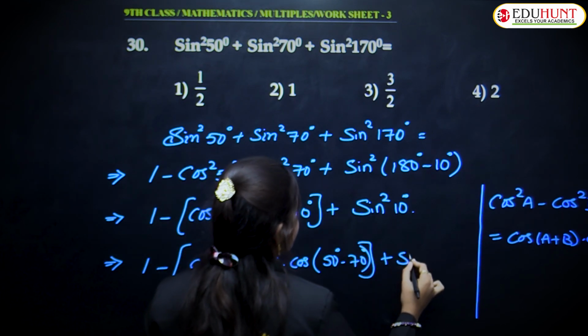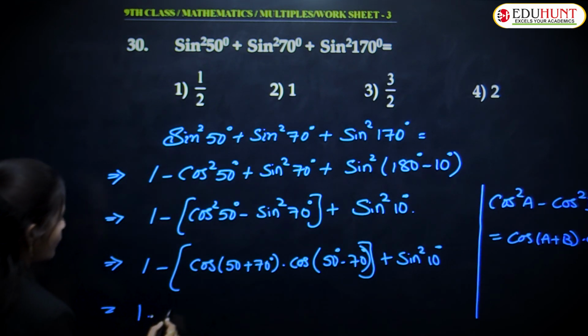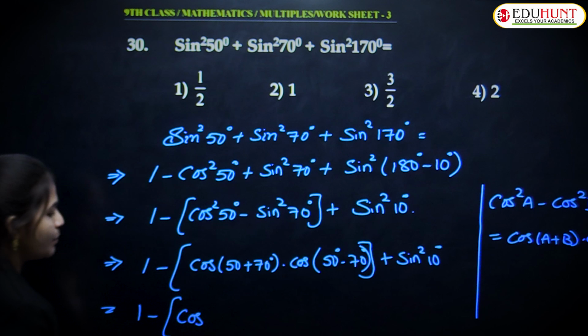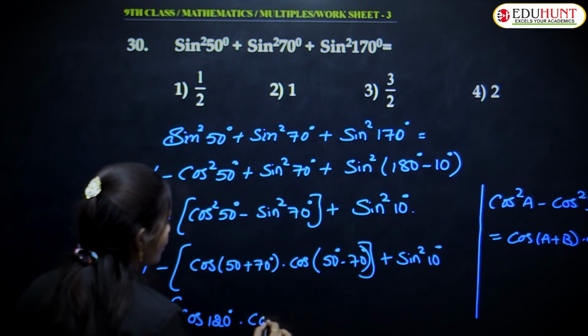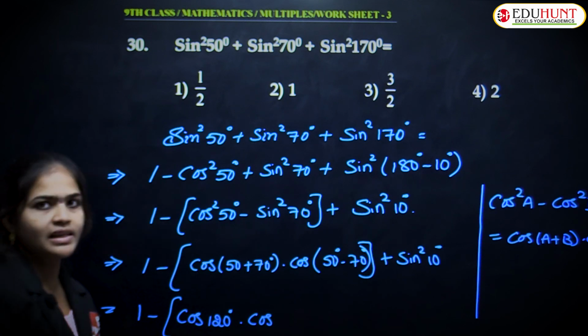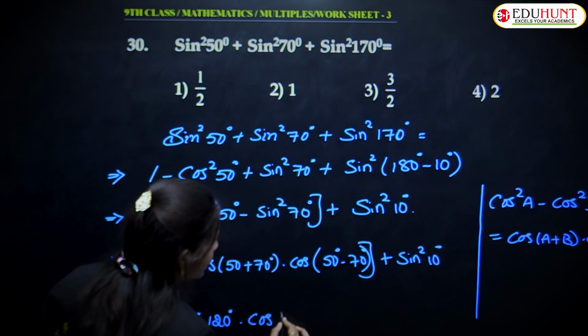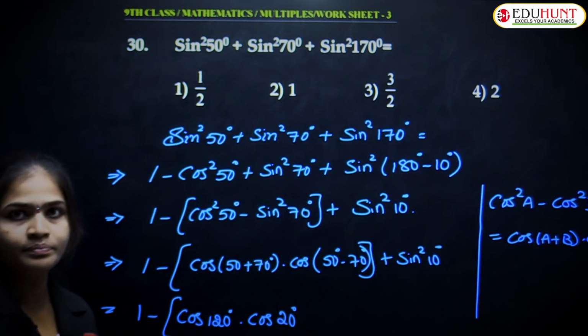Okay, plus sine square 10 degrees, which is equal to 1 minus of cos 70 plus 50. So 70 plus 50 is 120 degrees, cos 120 degrees into cos 50 degrees minus 70 degrees. So 50 minus 70 is minus 20 degrees, and minus 20 degrees means again you will get cos 20 degrees only.